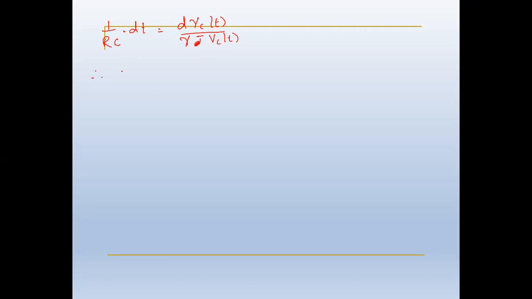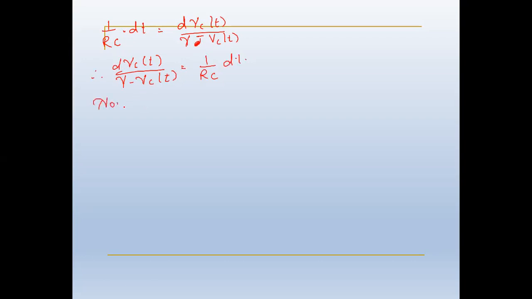Separating those variables: dVc of t by V minus Vc of t is equal to 1 by RC dt. The equation remains the same.